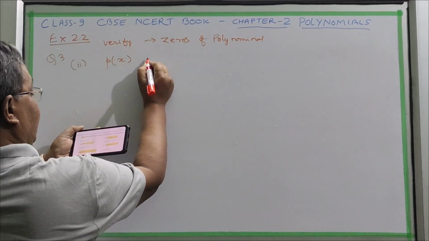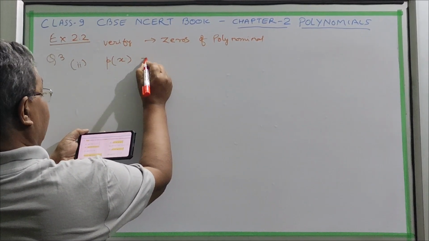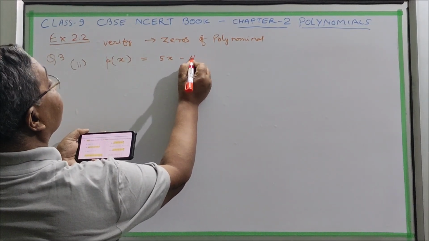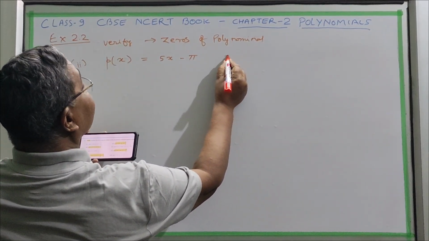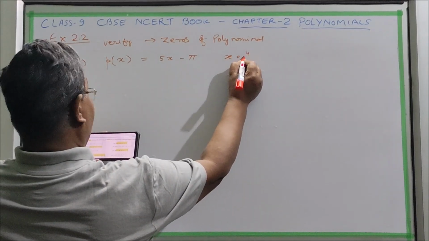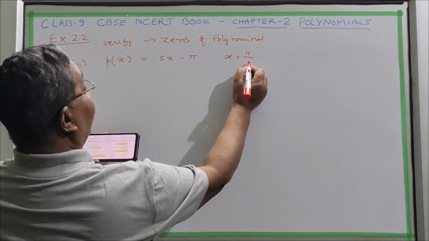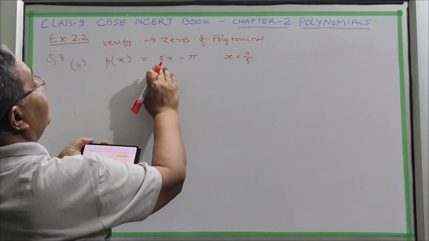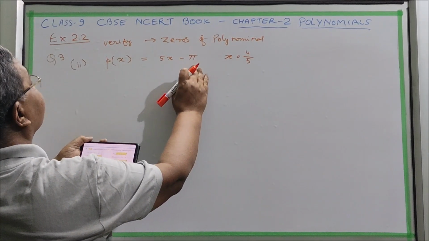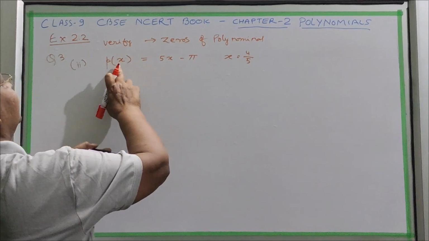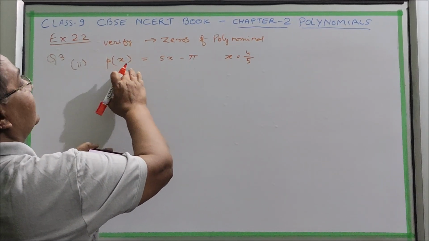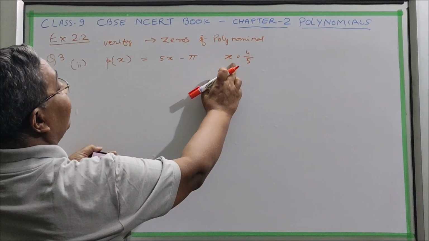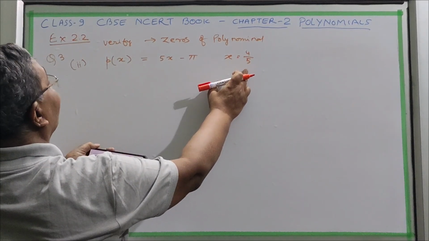P(x) is equal to 5x minus pi, and x is equal to 4 upon 5. Zeros of polynomial means it is a polynomial, and it is in x. Here the value of x you have to take is 4 upon 5.